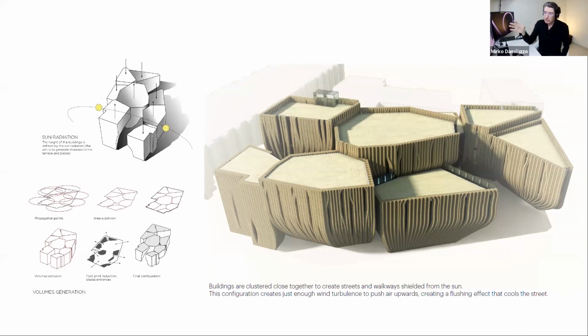But then we also used the sun radiation to control that, in the sense that the masses and the heights of the buildings are controlled by the sun radiation. And at the same time, the facades are also controlled by the sun radiation, in the sense that you have this kind of opaque facade with these narrow slits, these narrow openings, only where you have direct sunlight hitting the surfaces.